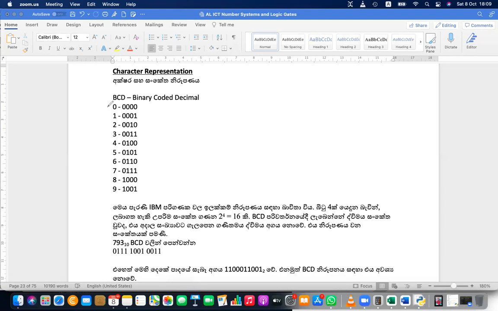So please write down the heading, character representation, then write down BCD. There are 10 symbols, 10 representations in BCD. These representations show only the digits. So what are the issues?